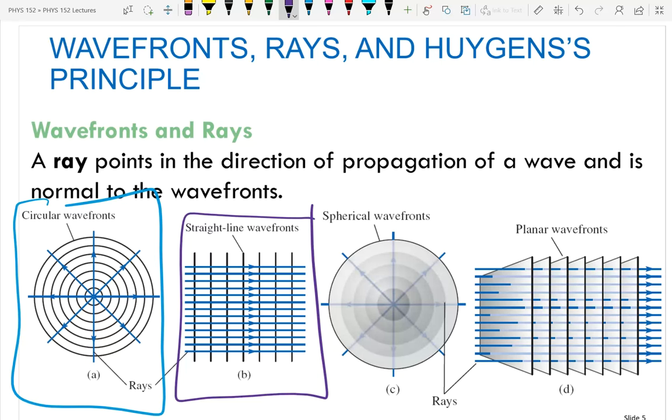So as a gross example, take the sun. Light coming from the sun is going out in all directions, so it's forming circular wavefronts. But by the time you get 1.5 times 10 to the 11th meters away from the sun, those wavefronts might as well be perfectly planes.